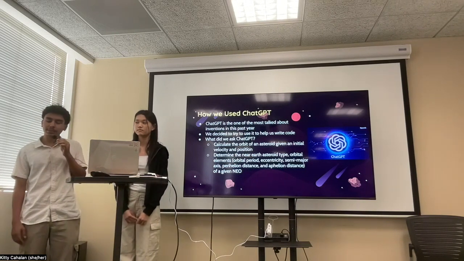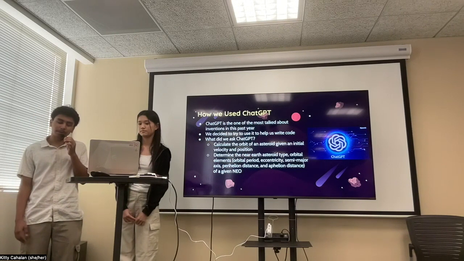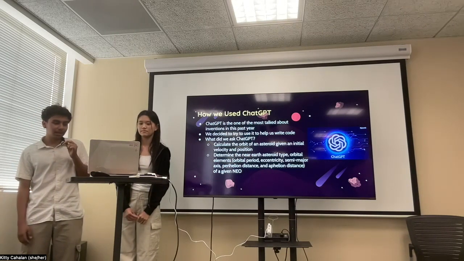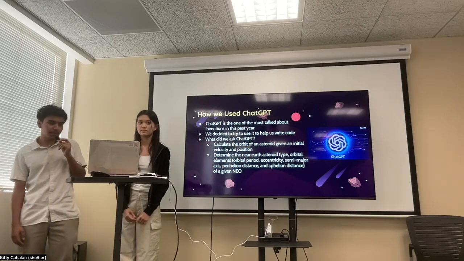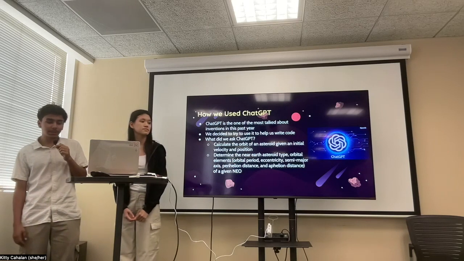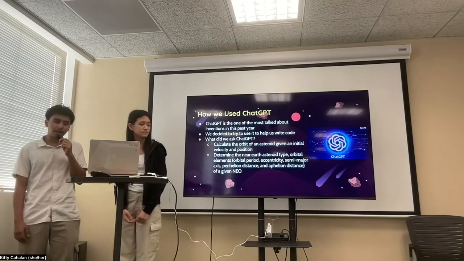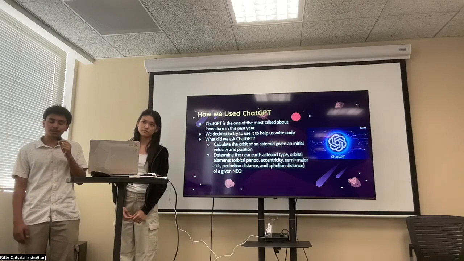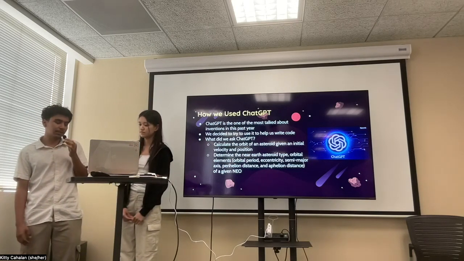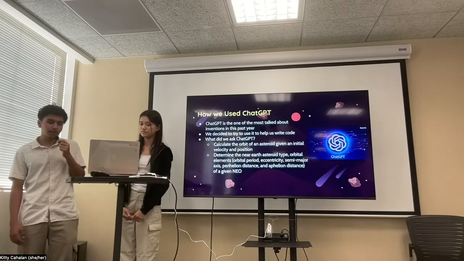And we decided to use its capabilities of writing code to do stuff for us pretty much. So we asked it 2 questions, and the first was to calculate the orbit of an asteroid given its initial velocity and position, and secondly to determine the asteroid's type and its orbital elements such as its period, eccentricity, and other stuff given its name.